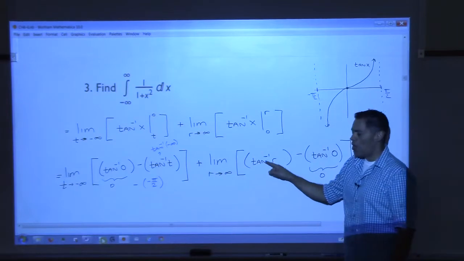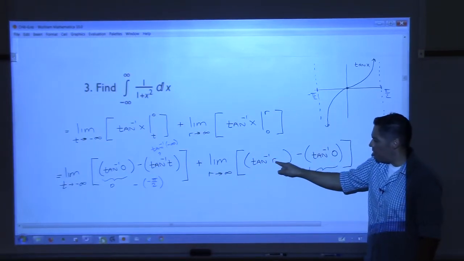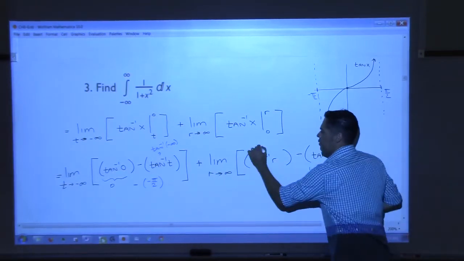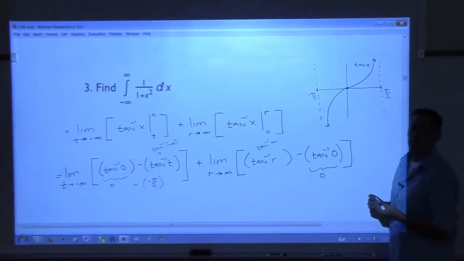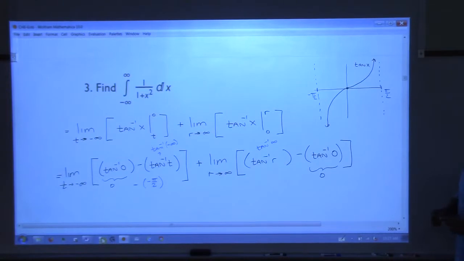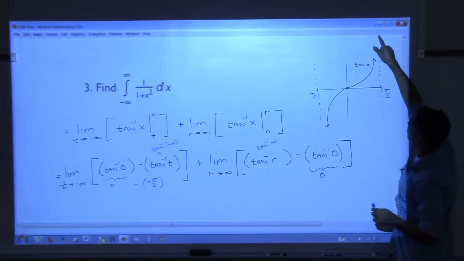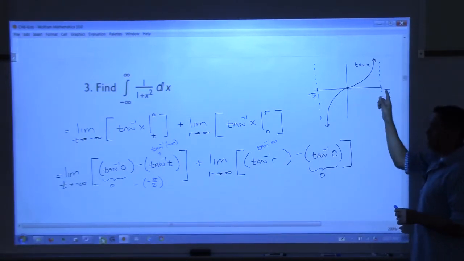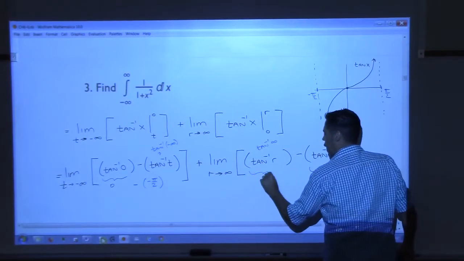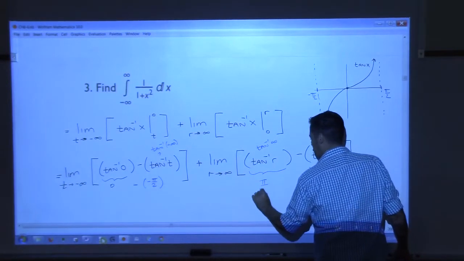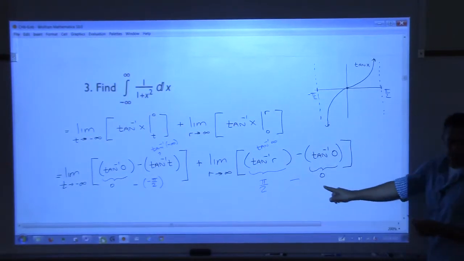Now, what is arctangent of r if r is going to infinity? So this is saying what's arctangent of infinity? This time it's pi over 2. So the tangent function heads to infinity as you head to pi over 2. So this is pi over 2, and then minus this 0 over here.